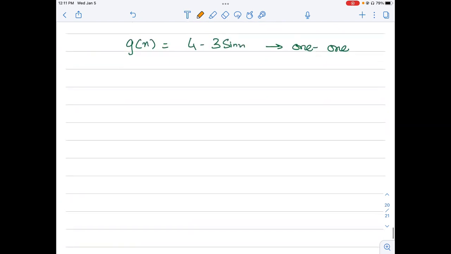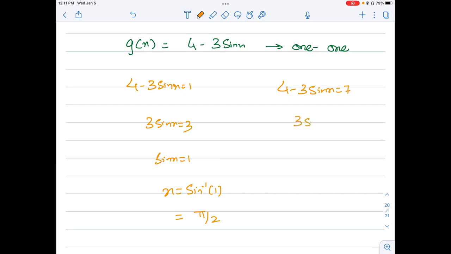For the minimum point, 4 minus 3 sin x is equal to 1, so 3 sin x is equal to 3, sin x is equal to 1, so x is sine inverse 1, which is pi upon 2. For the maximum point, 4 minus 3 sin x is equal to 7, 3 sin x is equal to minus 3, x is sine inverse minus 1, which is minus pi by 2, not possible.